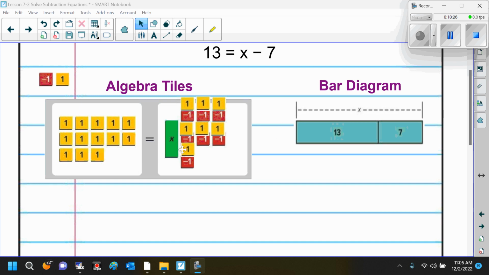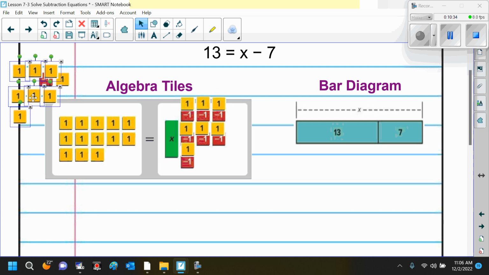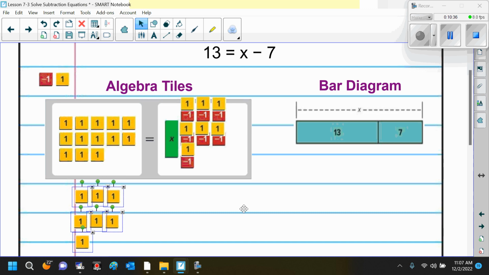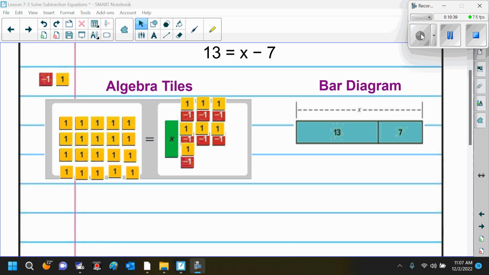I have to add those 7 positives to this side. So let me just collect all these positives, and those are the positives that I want to put on this side. Is everybody with me? So now we're in balance because the 7 positives that we added on the right, I added also to the left. So now we're in balance.